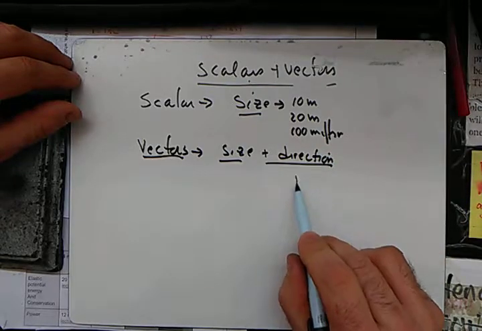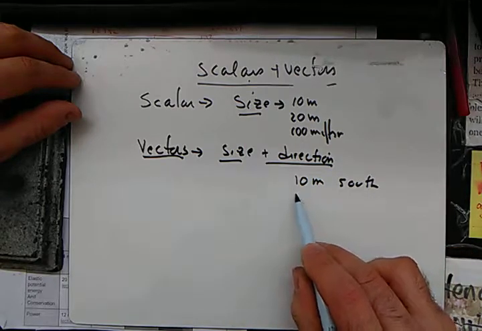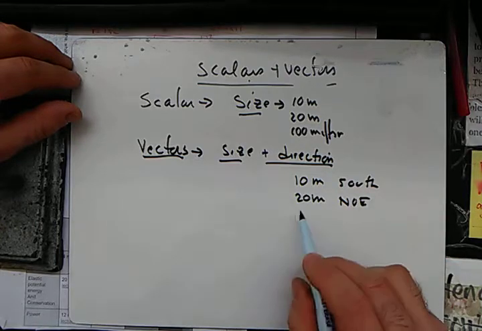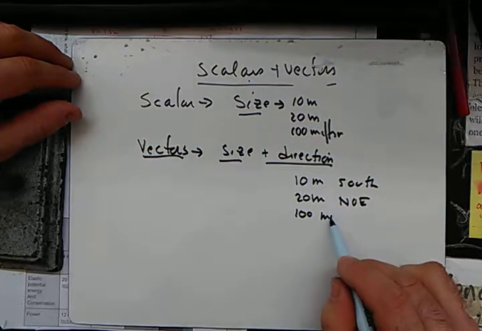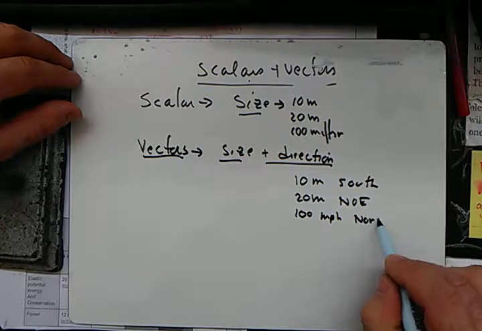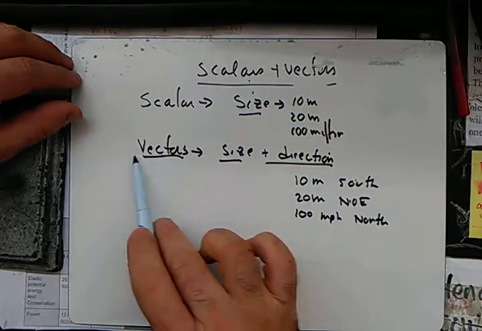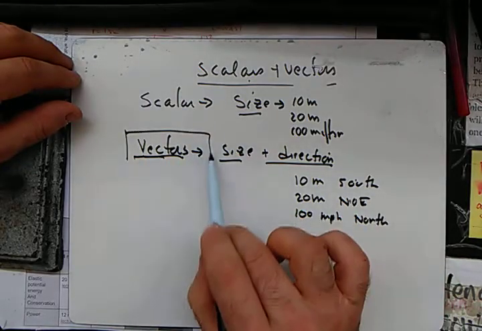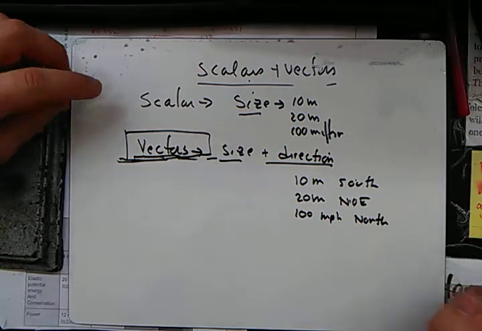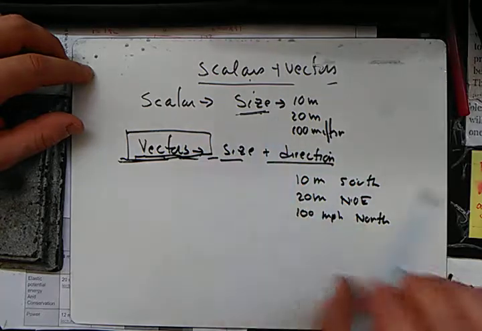So this says 10 meters south, 20 meters north of east, 100 miles per hour north. Okay, we've got to have a direction attached to it to be a vector. And in real life, guys, we're going to be using vectors mostly. Scalars now just have a size.